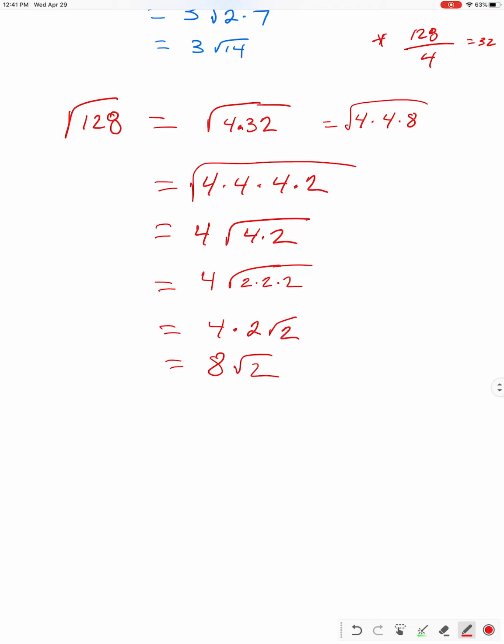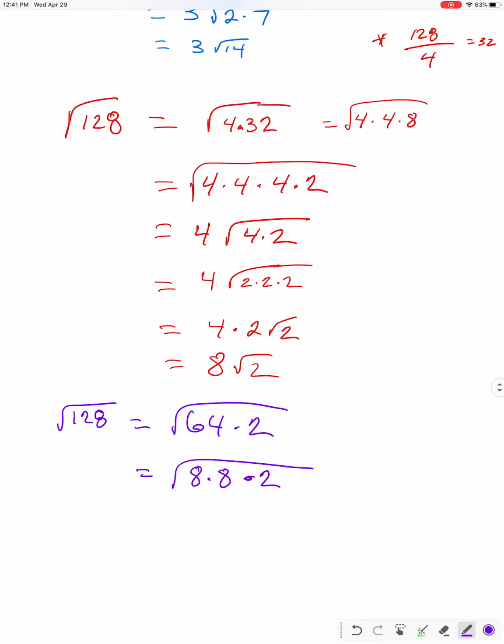So I also want to show the same exact problem in one different way. 128, take the square root. I could have written that as 64 times 2, because 64 times 2 is 128. And then said, oh, well, 64 is 8 times 8 times 2.